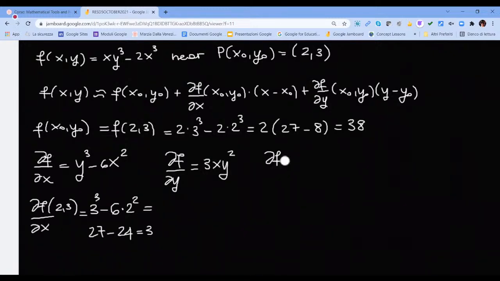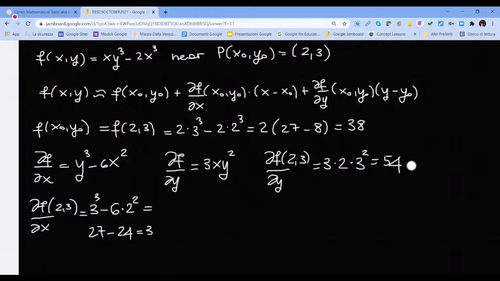The second one, computed in 2, 3, is 3 times x, that is 2, times 3 squared. This 3 times 3 squared is 27, times 2 is 54. Okay, so we are done. We can compute the linear approximation of this function near the point 2, 3.